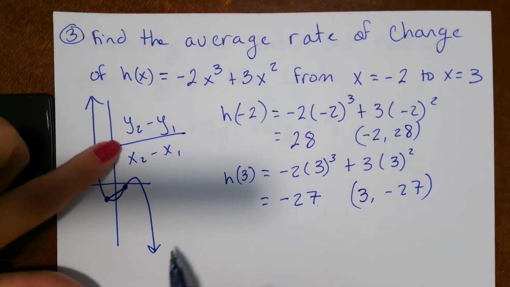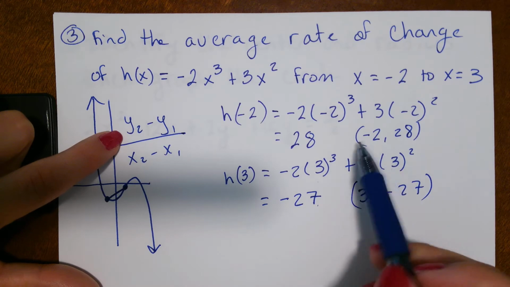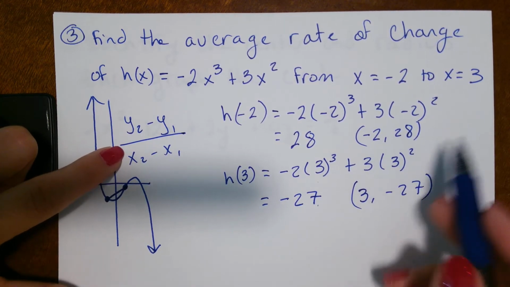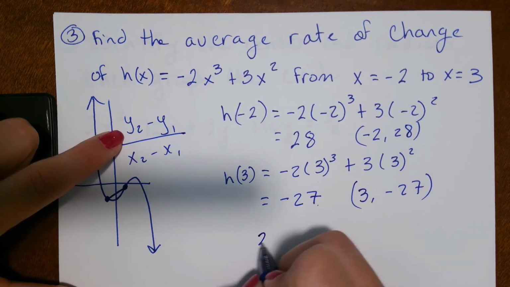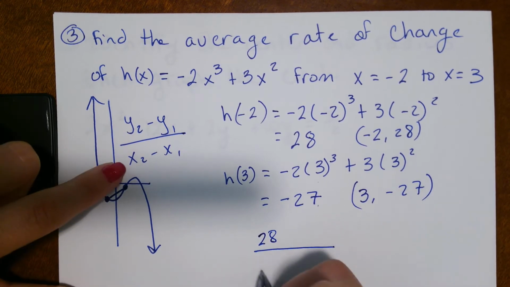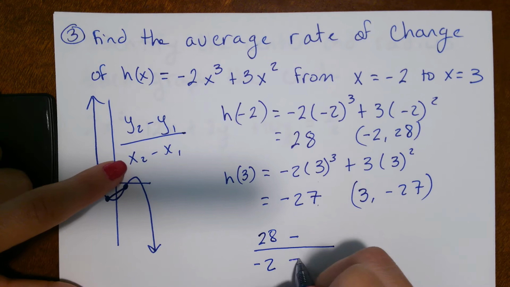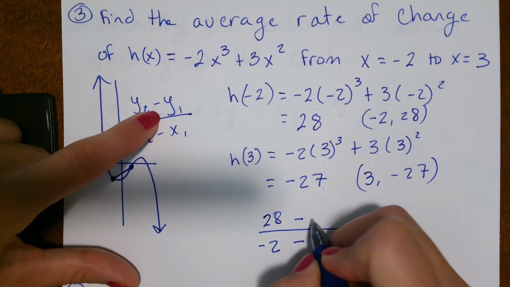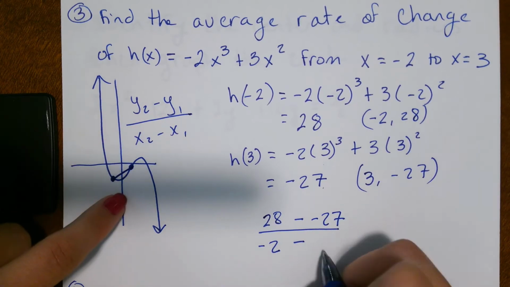So let's go ahead and plug it in. I'll let -2, 28 be my x2, y2, but it doesn't matter. So I have 28 over -2 minus, that's part of my formula, and then -27 over 3.